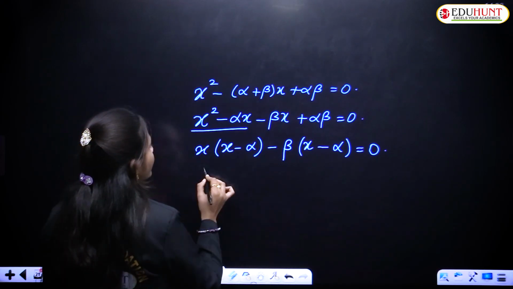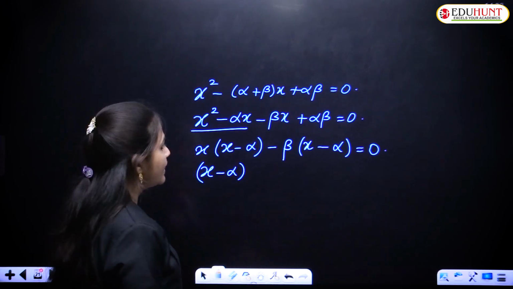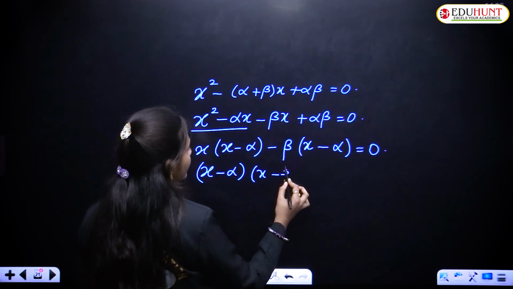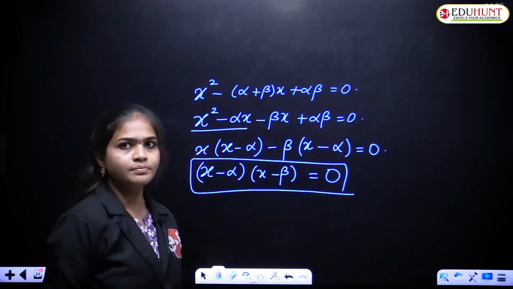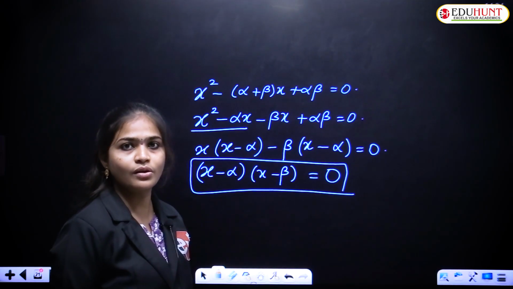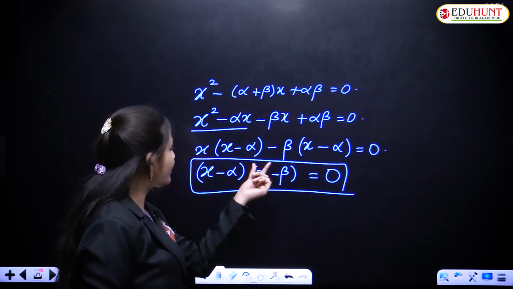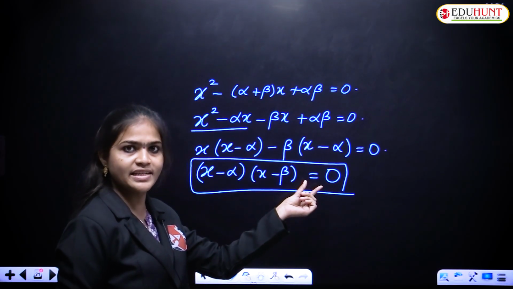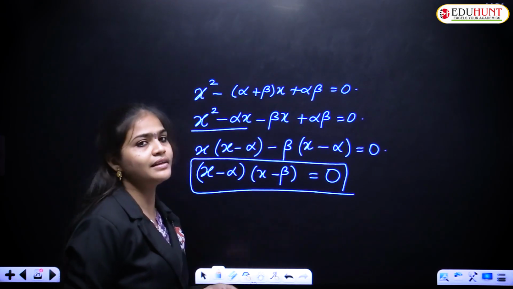So x minus alpha is common, so take x minus alpha as common, and the left over is x minus beta, which is equal to 0. Understand? So directly to that given equation also we can write like this. After this step I told you, the product of two values is equal to 0, so any one of the values must be equal to 0.